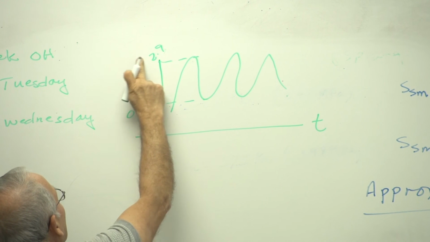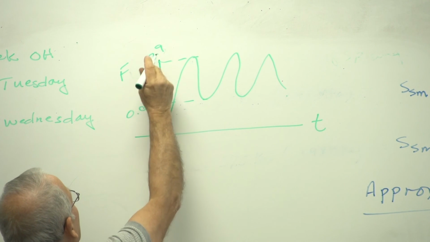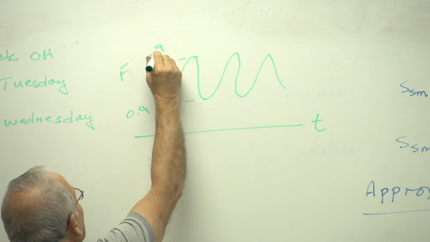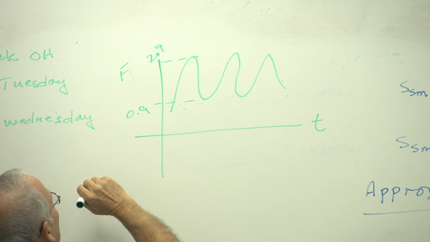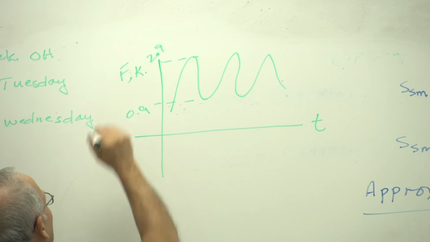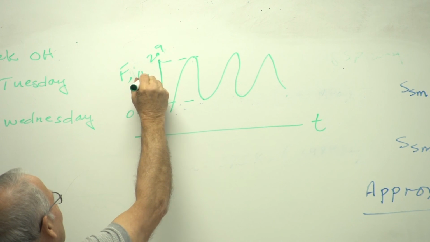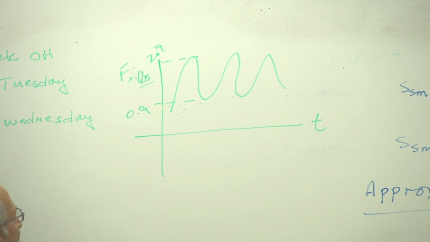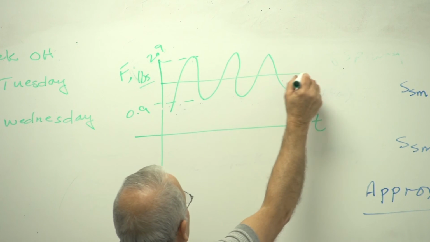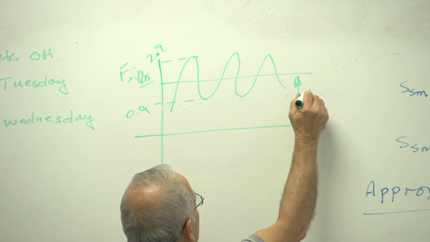Oh, not sigma. This is force actually, not stress. And 2.9, that's in pounds, not kips, pounds. So there's my mean stress.